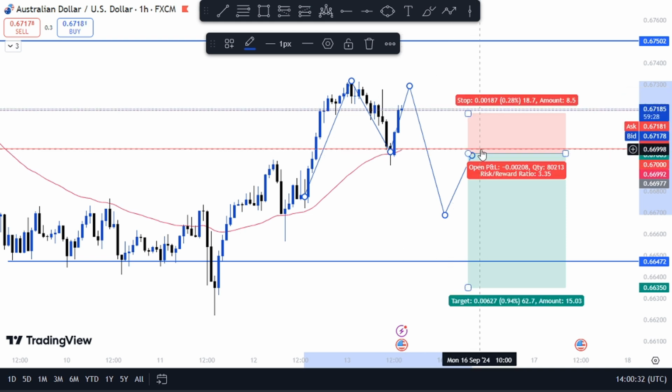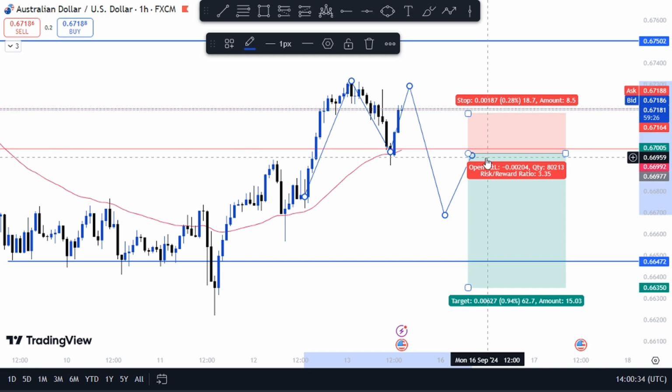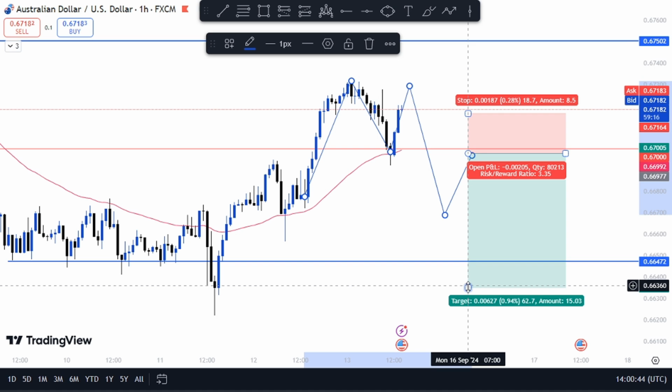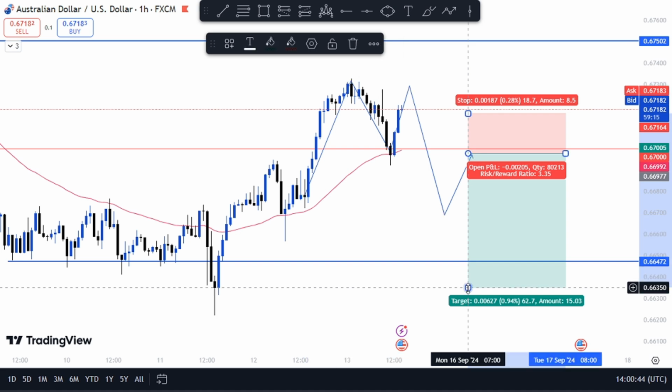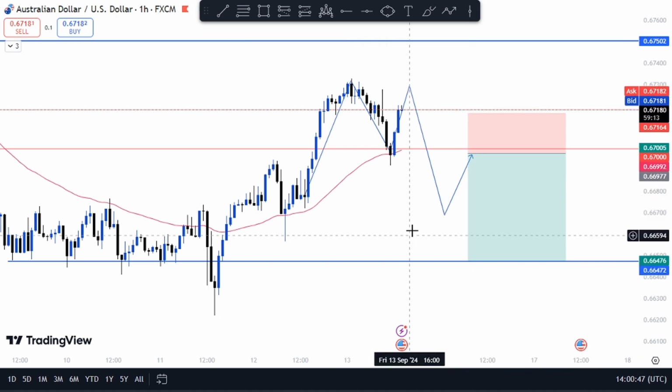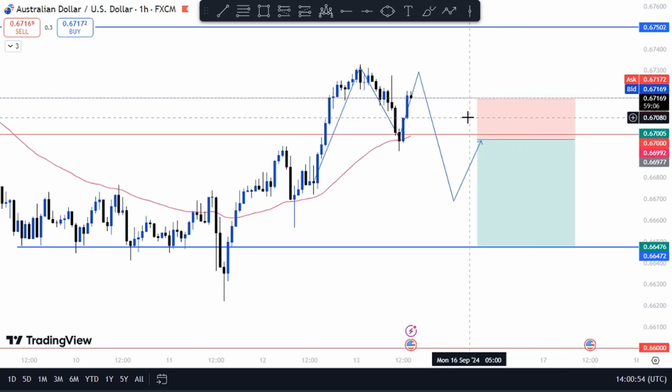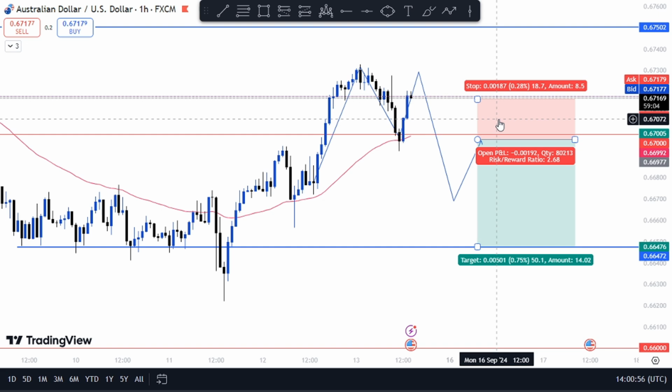Then you should be looking for a sell entry at a bearish engulfing candle. Then you will sell. When you sell from here, you could target the recent low, which is the 4 hour low that I've marked out or the daily low that I've marked out, risking whatever pips you risk above the recent high.